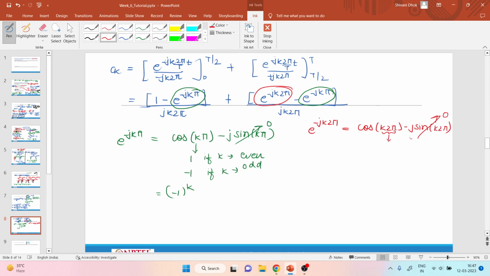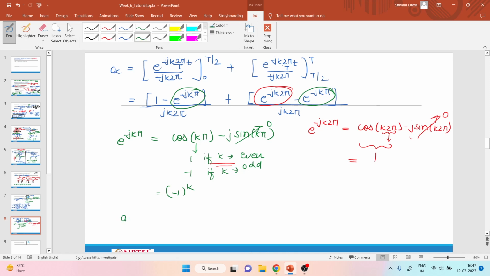This 2 times k, for all integer values of k, will be an even number, and therefore using the logic mentioned here, cos of 2 pi k leads to 1. So this is equal to 1. Therefore I can substitute these two values here.